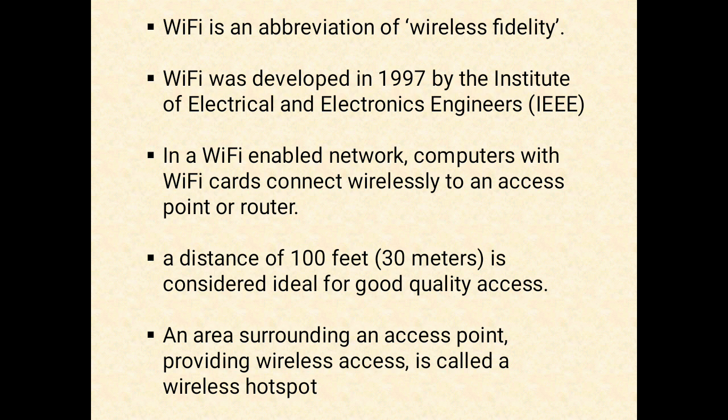Any PC or laptop with a Wi-Fi card which is within a radius of 200 feet from the access point can access internet. However, a distance of 100 feet is considered ideal for good quality access. An area surrounding an access point providing wireless access is called a wireless hotspot.